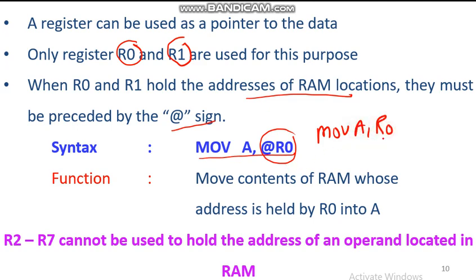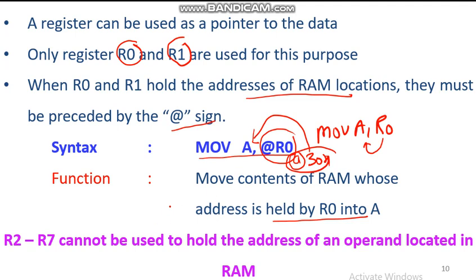Here the content of R0 goes into accumulator. Here this @R0 is pointing an address of location. So if this R0 contains 30, so go at address 30H. So from this location, whatever inside that will be copied in accumulator. So it moves the content of RAM whose address is held by R0 into accumulator.